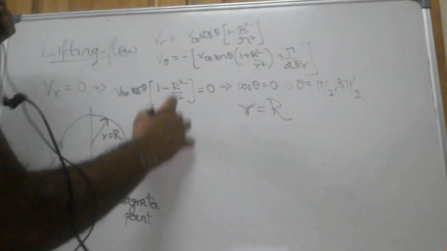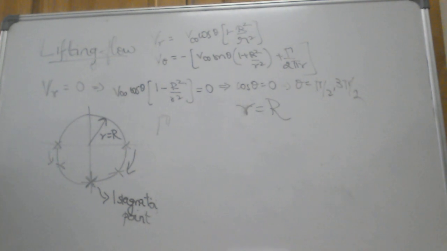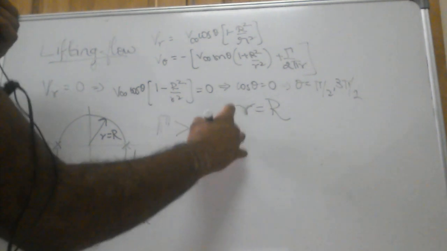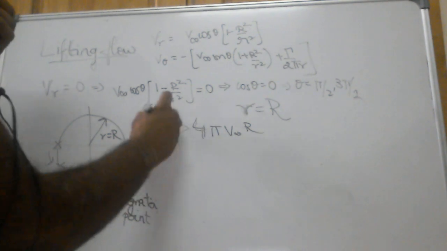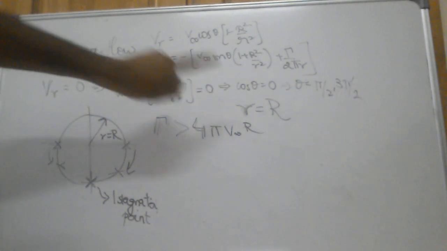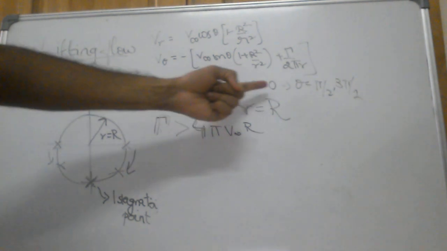Now we are looking at the case where gamma is greater than 4 pi v infinity r. For this, we will substitute the other solution for Vr to be 0, which is cos theta equals 0.